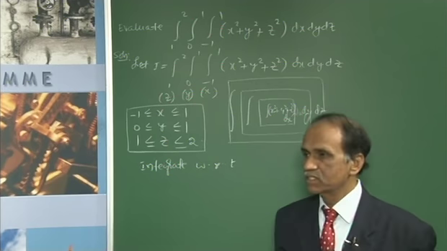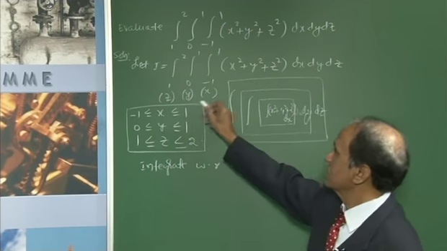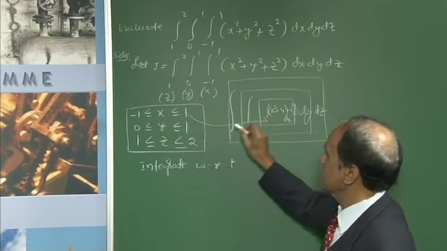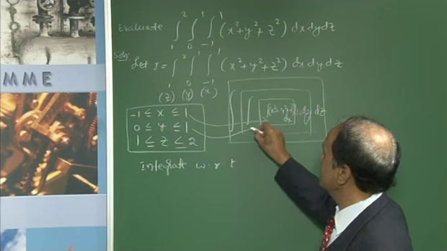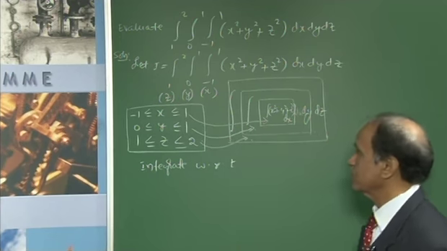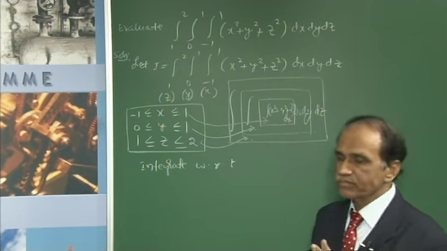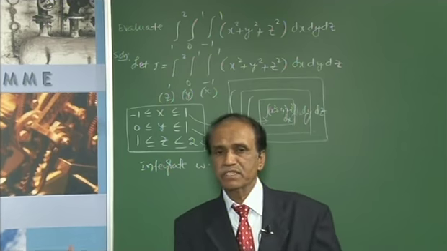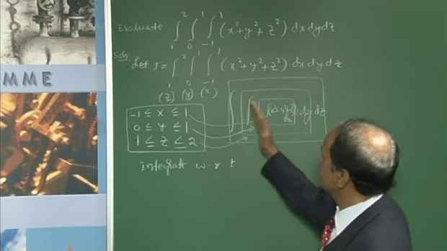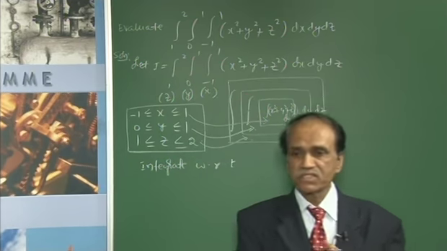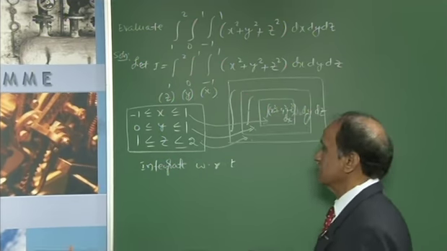Accordingly, this is for the innermost integral, this is for the second box, and this is for the third box. The application goes like this: you have to integrate the innermost parenthesis first, then its adjacent parenthesis, then the outermost parenthesis. This is the way you have to take the integration.